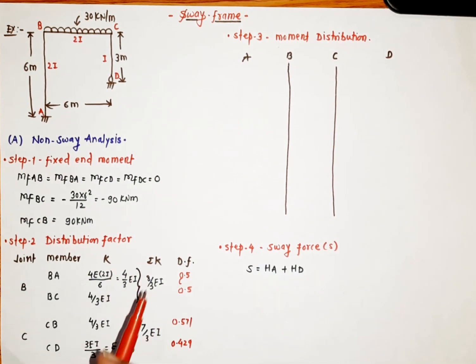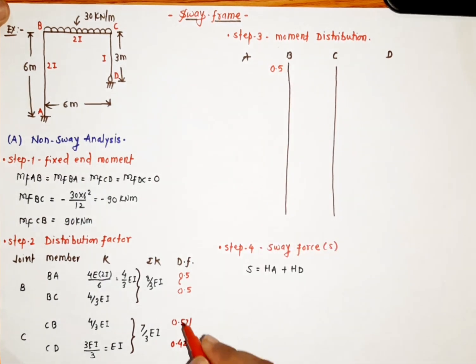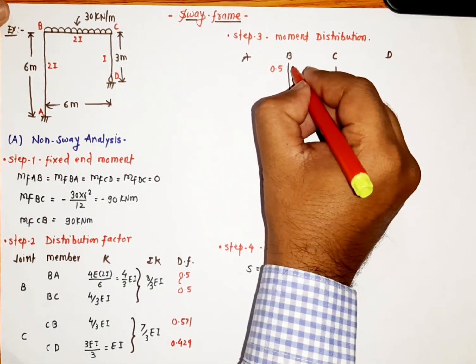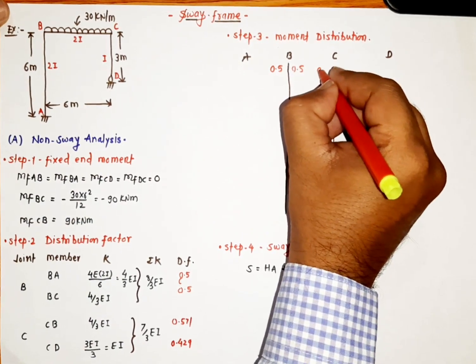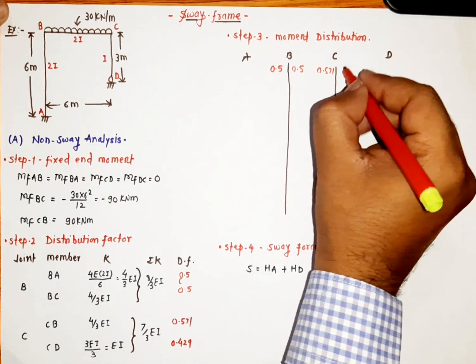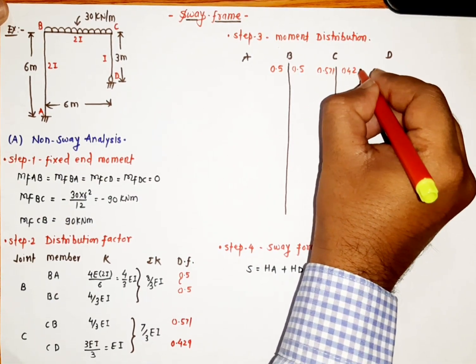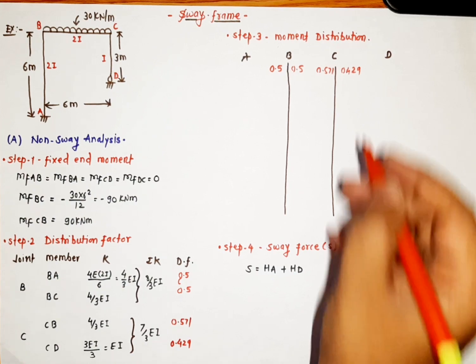Our distribution factors for BA is 0.5, for BC again 0.5, for CB it is 0.571, and for CD it is 0.429.